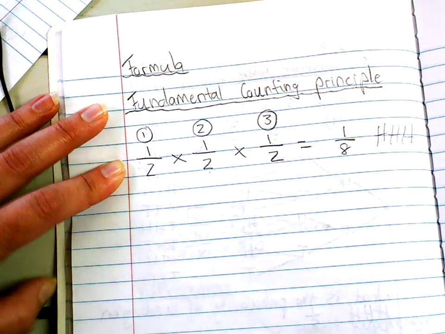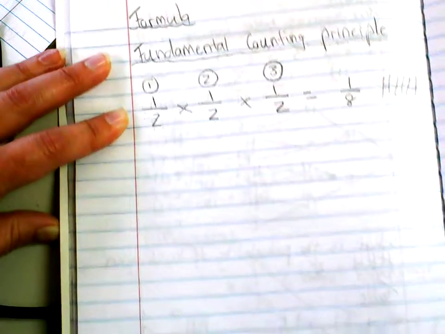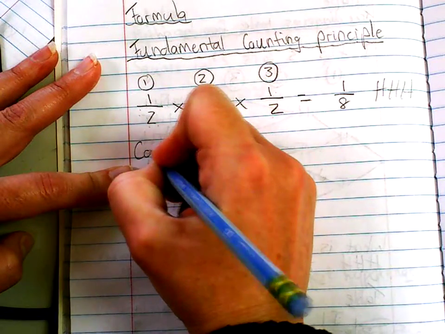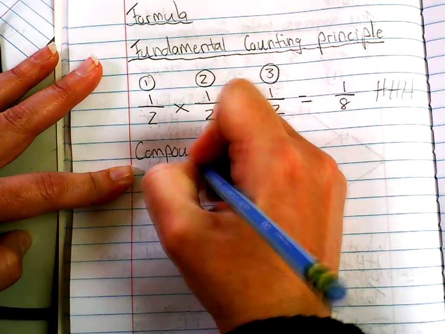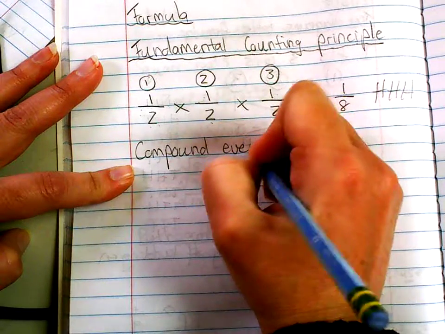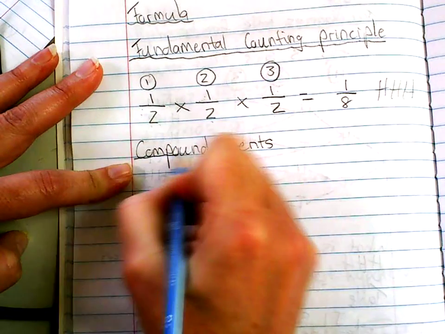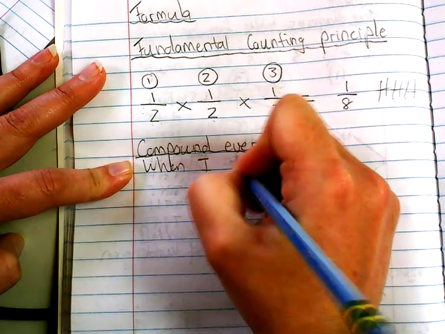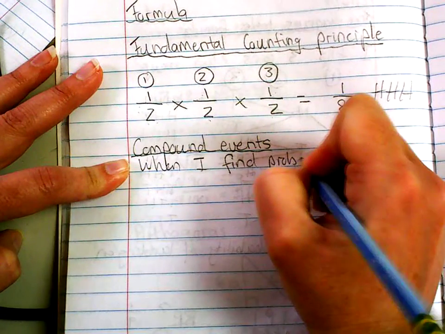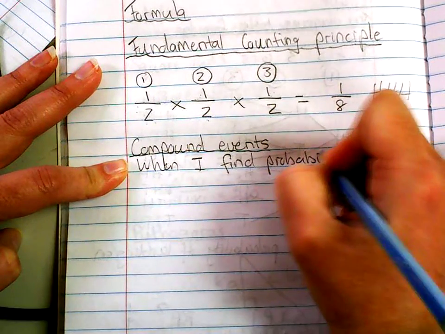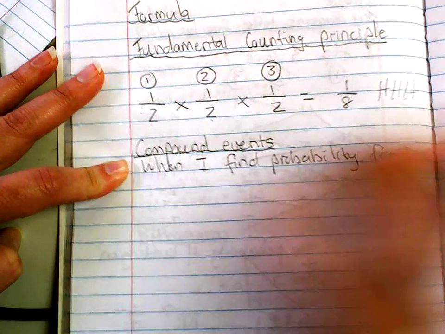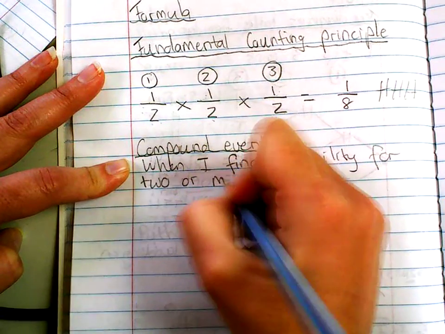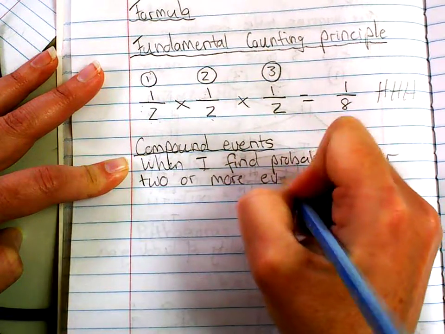Now, this brings me to a special word. The words are compound events. Compound events is when I find probability for 2 or more events.